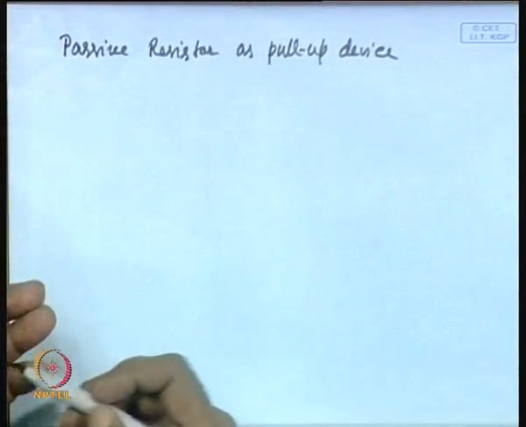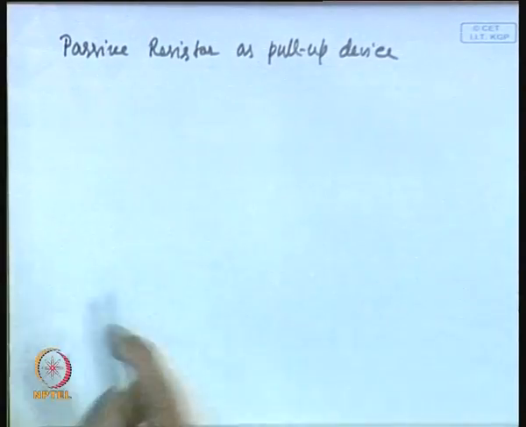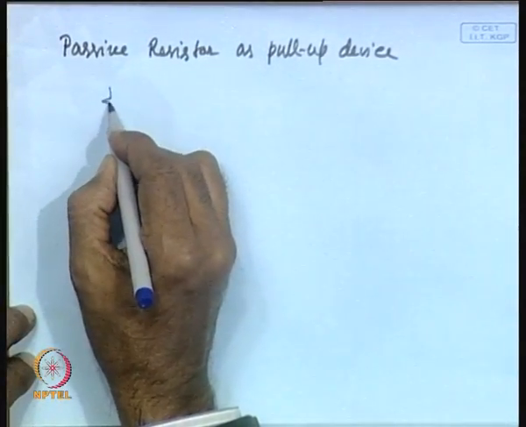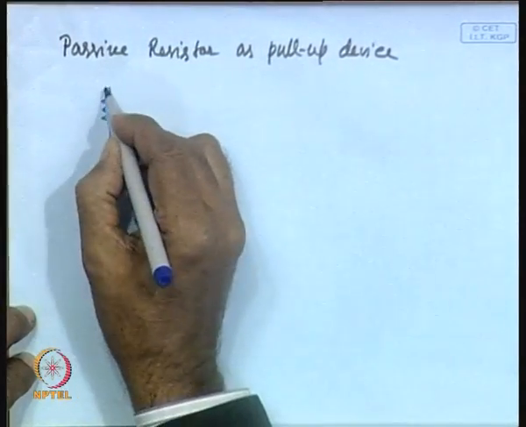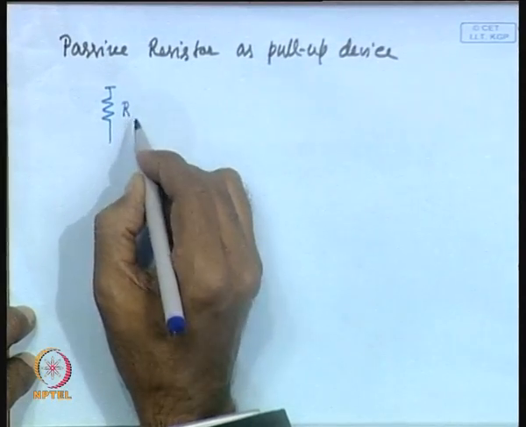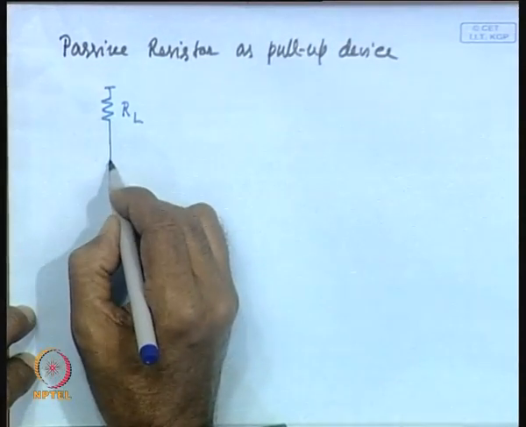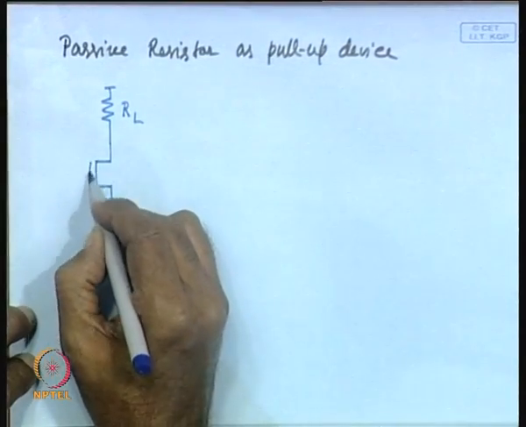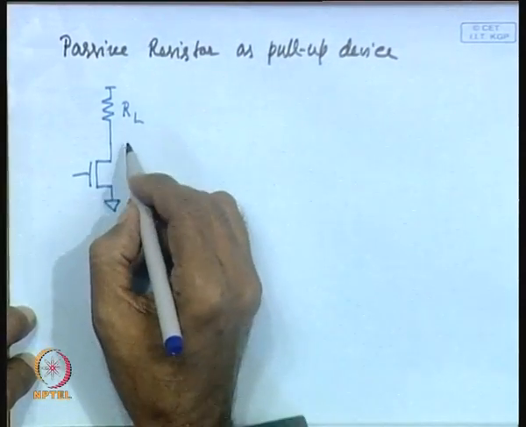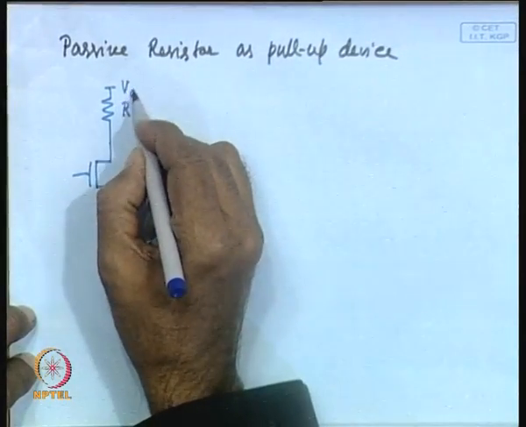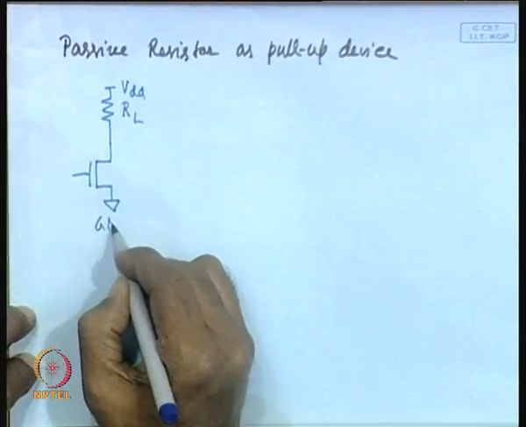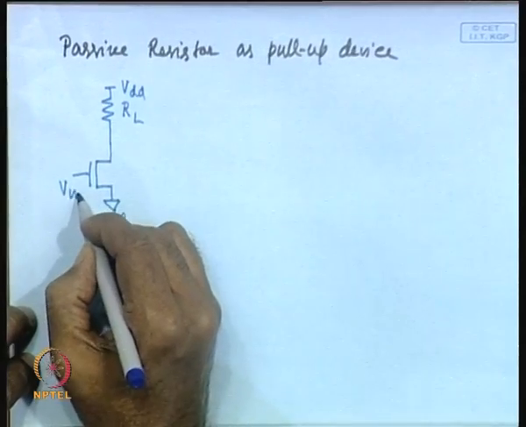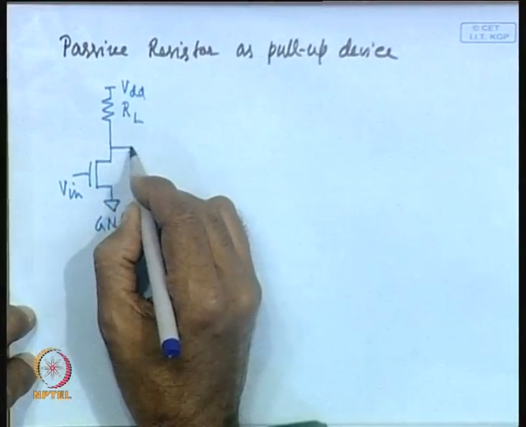In this particular case, you are using a passive resistor RL as pull-up device, and you are connecting the NMOS transistor as pull down device, and so this is your VDD, this is ground, and here is your V input, and here is your V output.